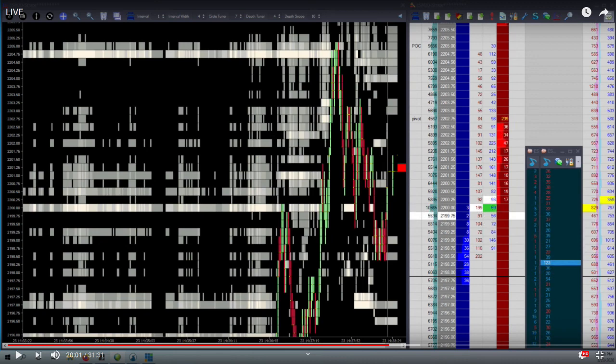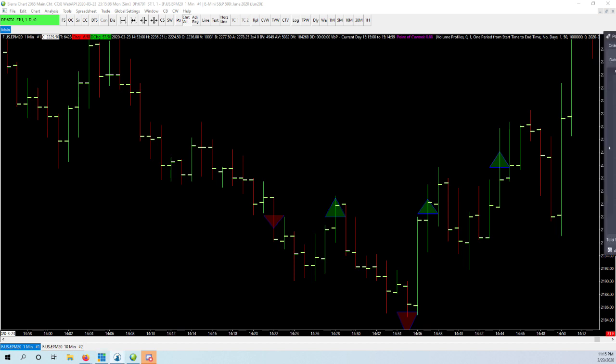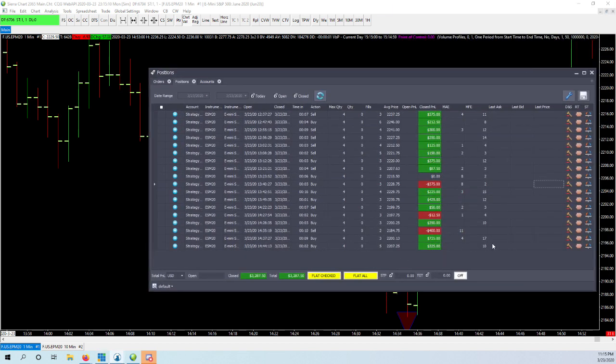Let's see, what was this one? Was it a good one or not? Again, 0 and 10 on the MAE, MFE. And on this one I put the strategy back to where I take half the position off for 5 ticks. So theoretically, I am leaving a lot of money on the table.